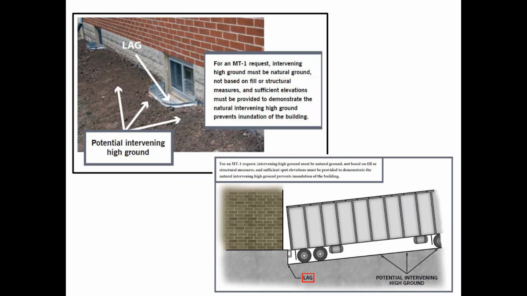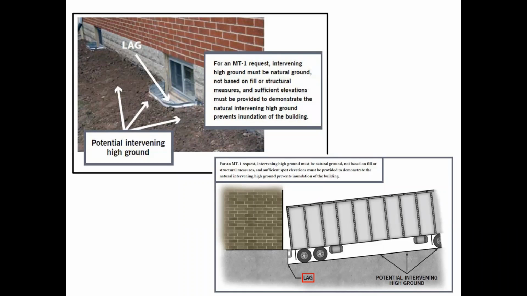And then we did talk about intervening higher ground on Tuesday, which is going to be more applicable to Aloma than anything insurance related. It doesn't really matter for insurance. The same thing with the truck ramp. The lowest adjacent grade is at the bottom of the ramp because that's where the water is going to fill in, and that's where it's going to contact the foundation.